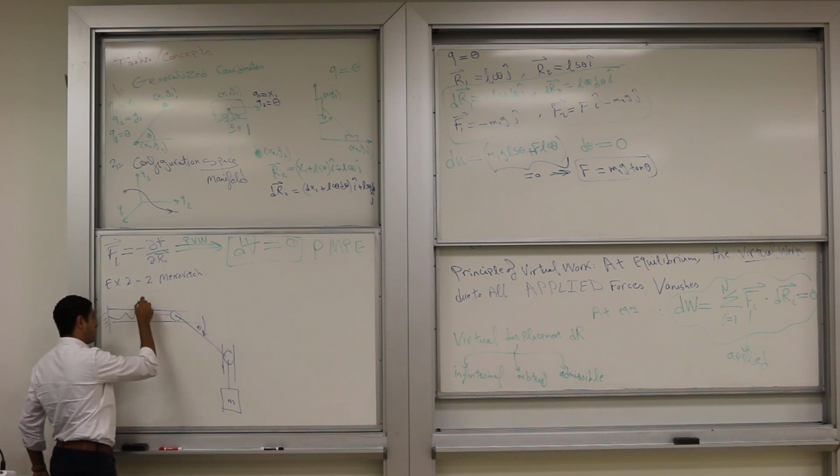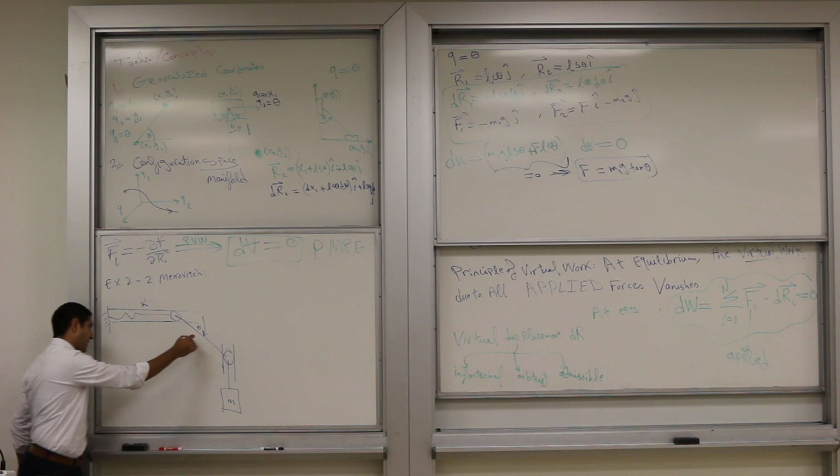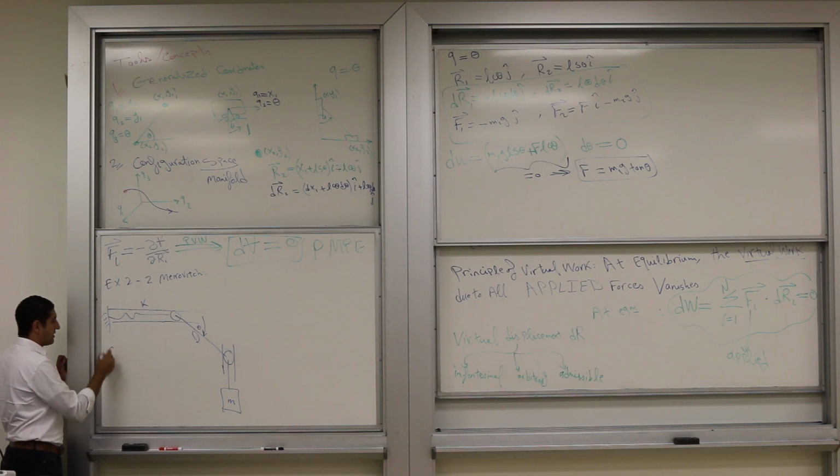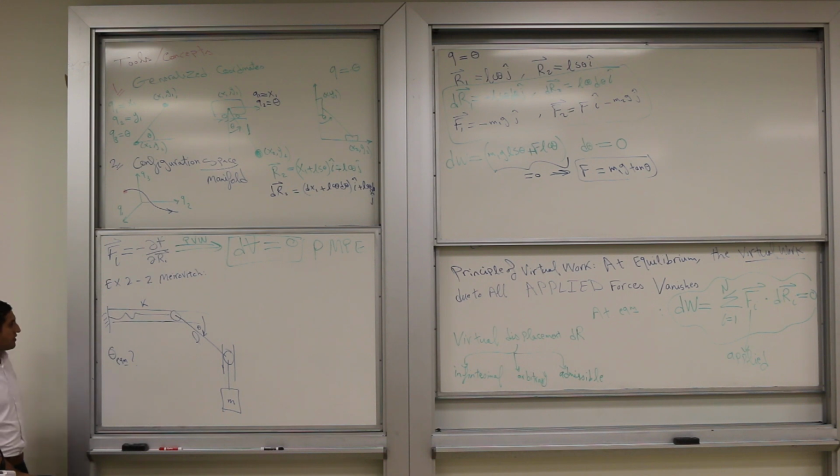We're given K of the spring, M of the mass, the length of the rod, and we're asking about the theta for equilibrium. What is theta for equilibrium? Any question about the description of the problem? You see it? Please, if you have any question, just stop me.